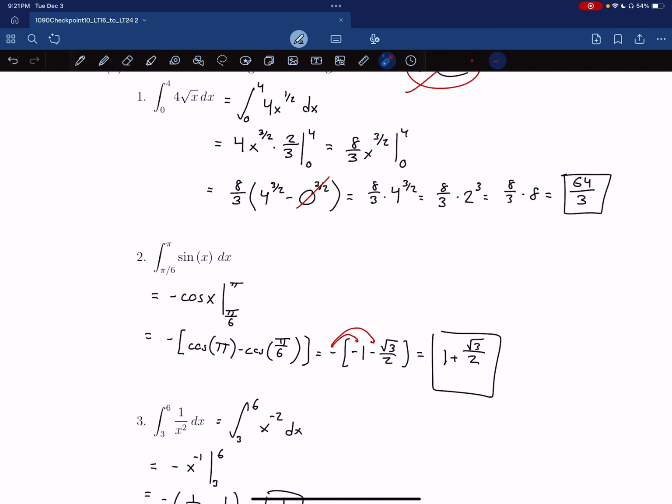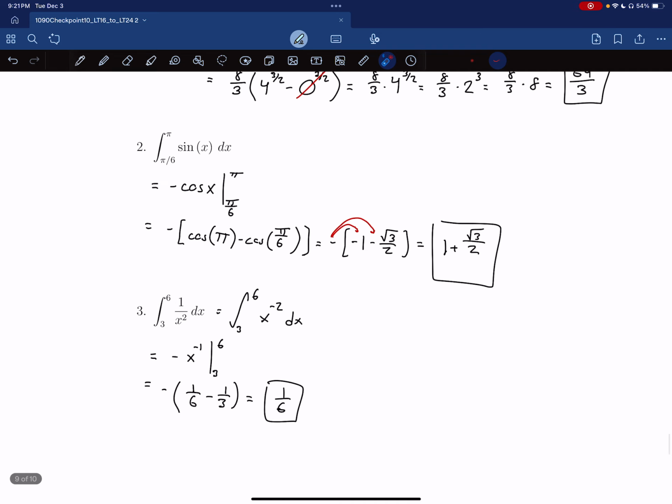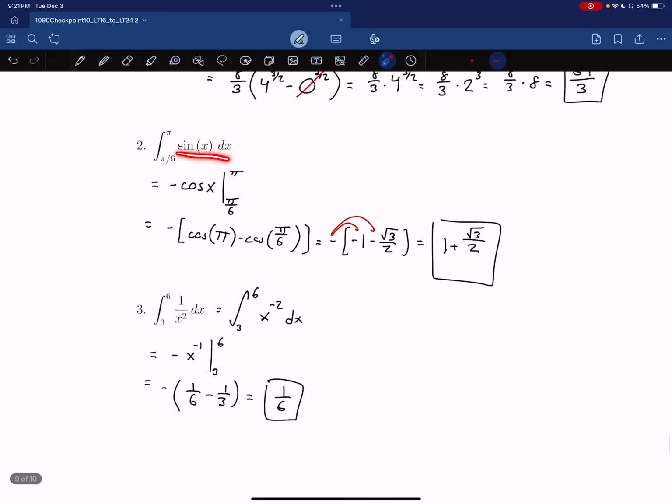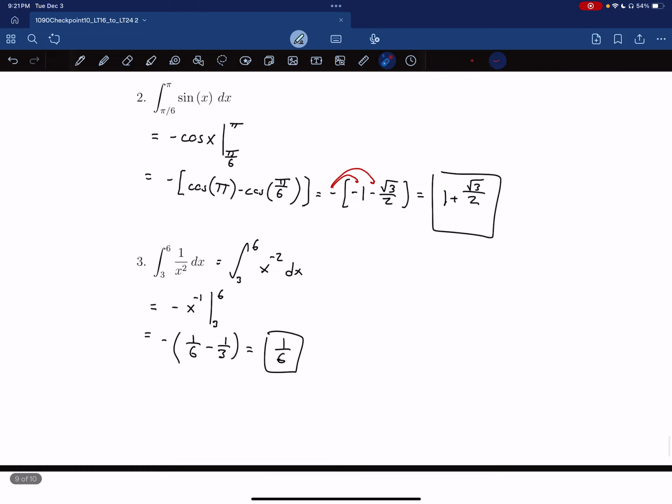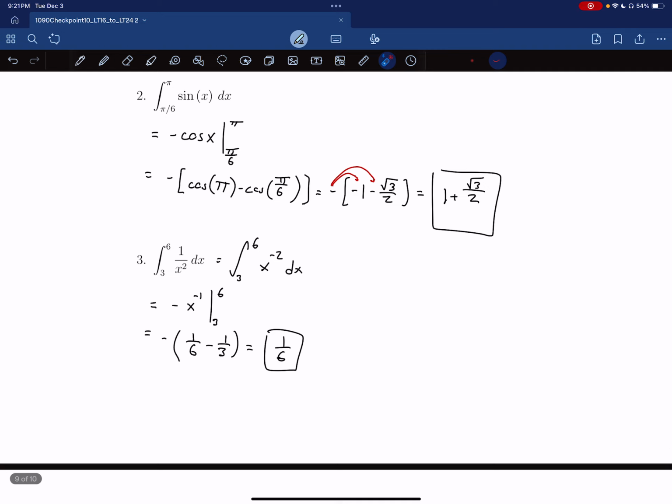So I think it's good practice to generally do it like this. You don't always have to, but I think it's good practice. Part number 2 was pretty much the same deal, just with trig. Make sure you memorize those trig antiderivatives. And then also in part 3, recognizing we can do a power rule for this too, plugging in your bounds and getting an answer. Not too bad.